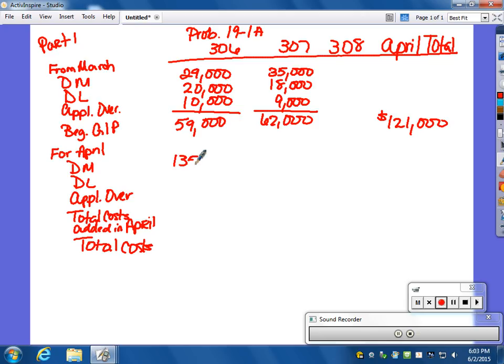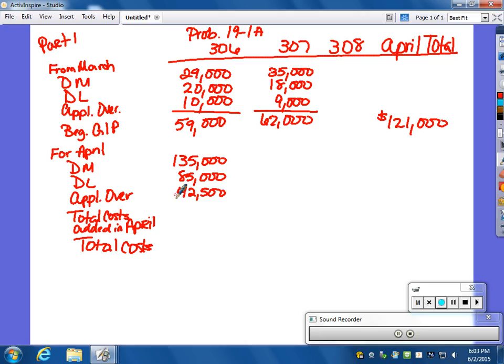And then direct materials for 306 in April, 135,000. Direct labor, 85,000. Applied overhead: we have to multiply the direct labor by the 50% predetermined rate. So 85,000 times 50% is 42,500.